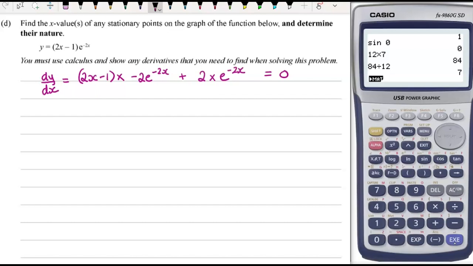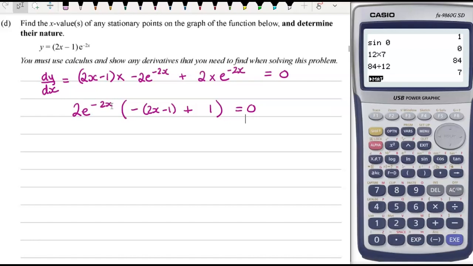Okay, now we can take out a factor of e to the minus 2x. In fact, we can take out 2e to the minus 2x. We'll be left with minus 2x minus 1, and then a plus 1. Now the reason that we do that is because whenever we've got this e function, we're looking to pull that out as a factor because e cannot be equal to 0.